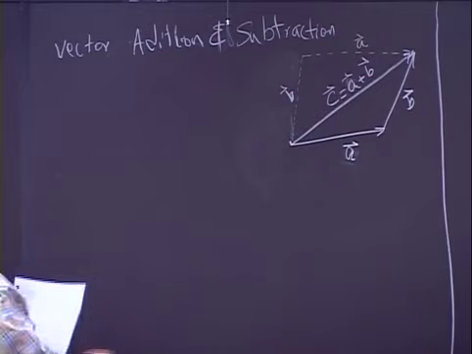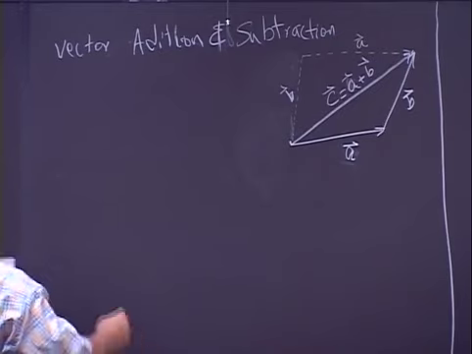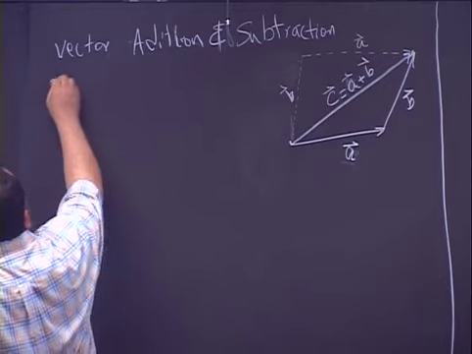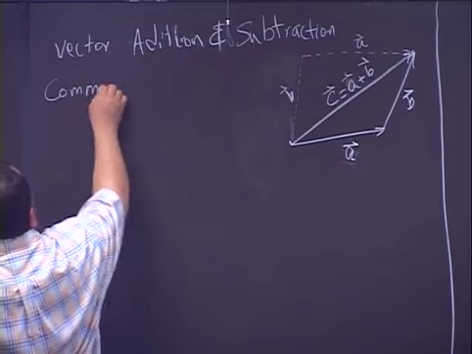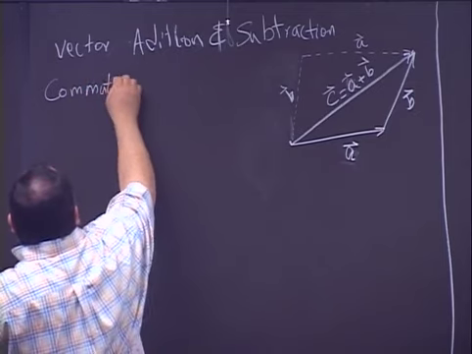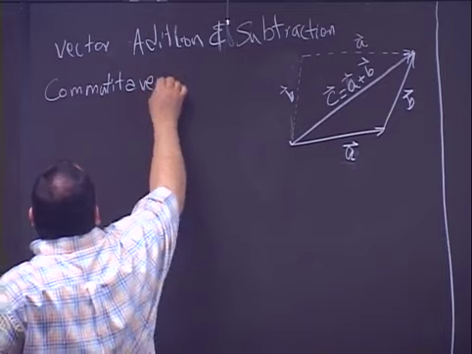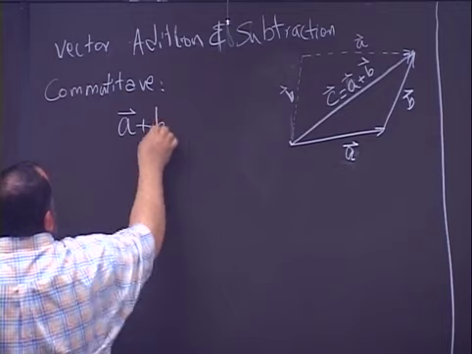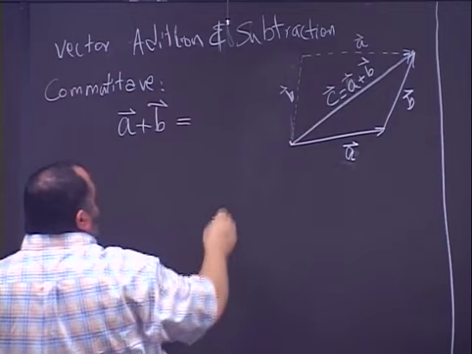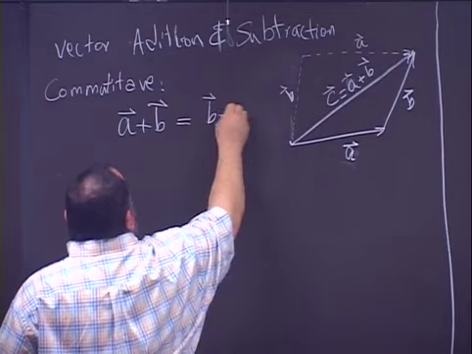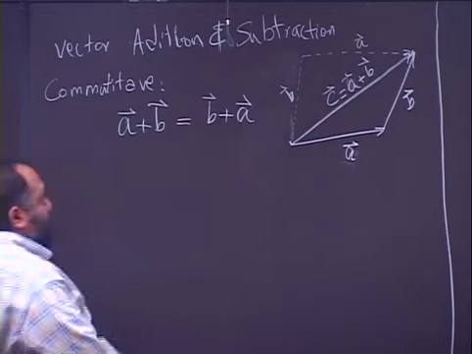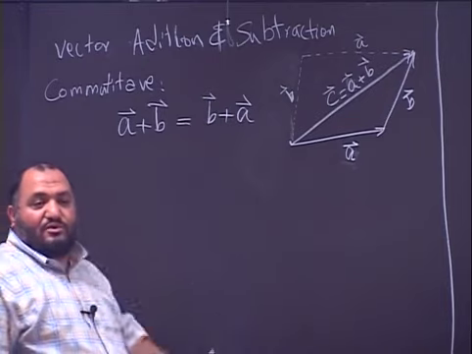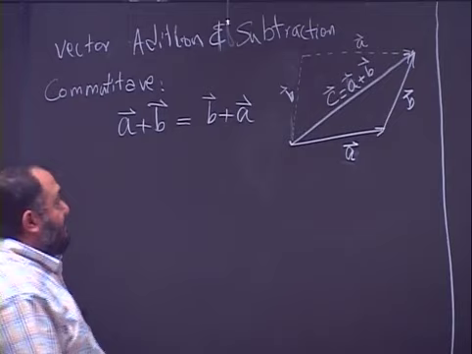So this is usually how to add the vectors, and there are certain properties for vector addition. One of them is that vector addition is commutative. What does that mean? It means that if you add vector A plus vector B, this is the same as adding vector B plus vector A. So if you swap the precedence or the order, it does not affect the resultant.